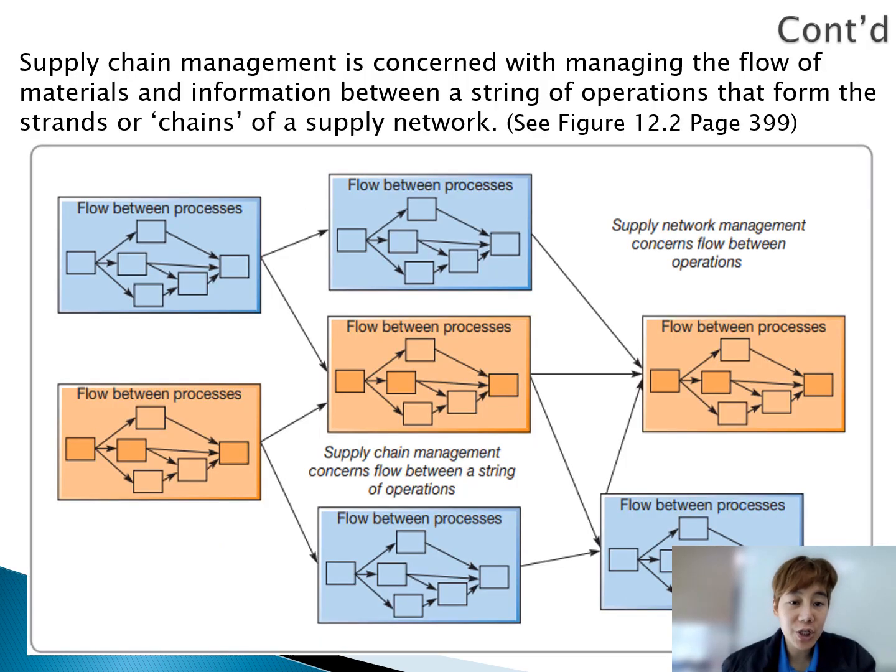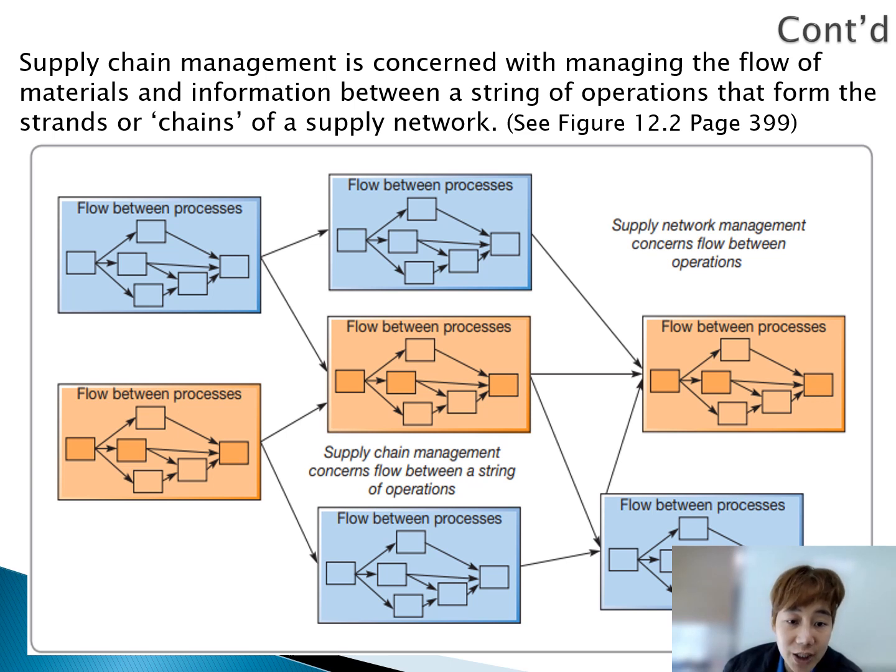From this picture, supply chain management is concerned with managing the flow of material and information between a string of operations that form the strand or chain of a supply network. You see in the picture on page 399, figure 12.2, it shows the flow between processes, many processes: one process, two processes, three processes.